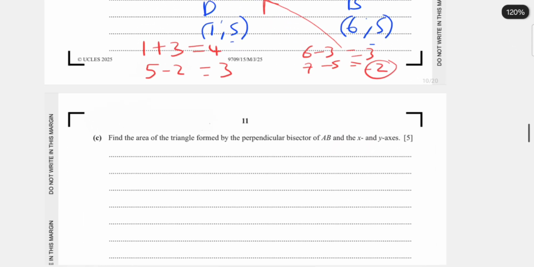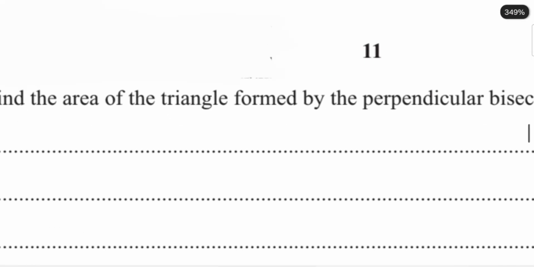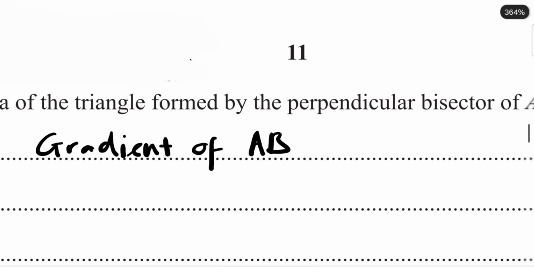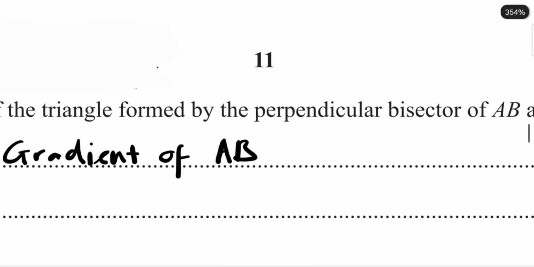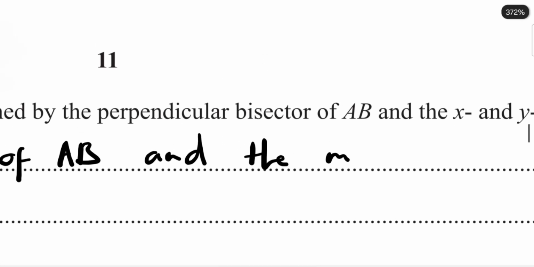Then part C says find the area of the triangle formed by the perpendicular bisector of AB, the x-axis and the y-axis. So first of all, for us to get the equation of the perpendicular bisector of AB, we need the gradient of AB and the midpoint of AB.